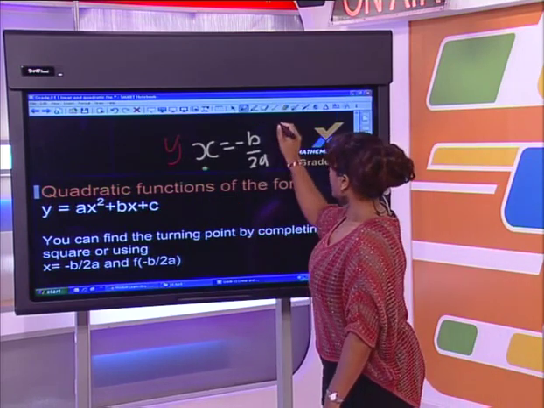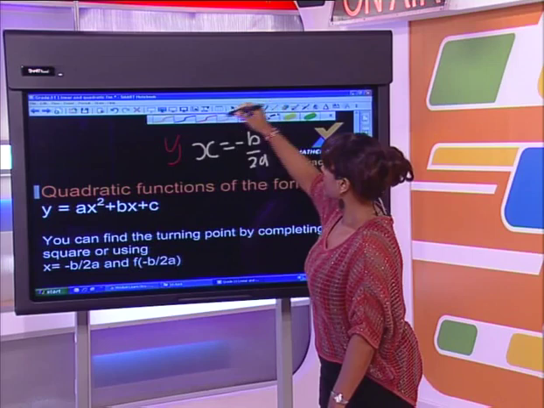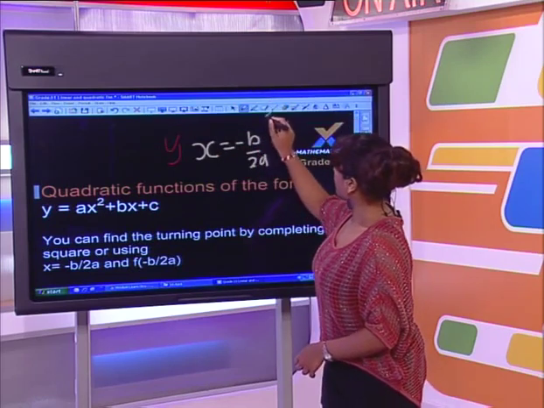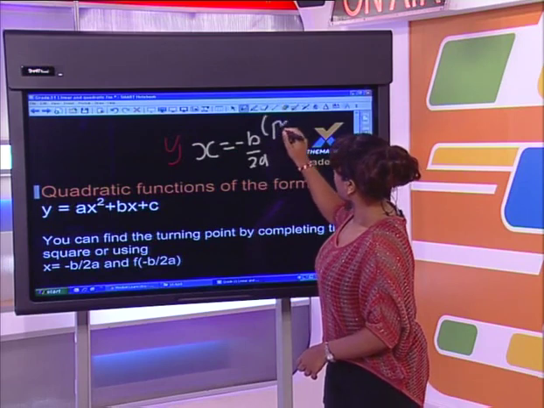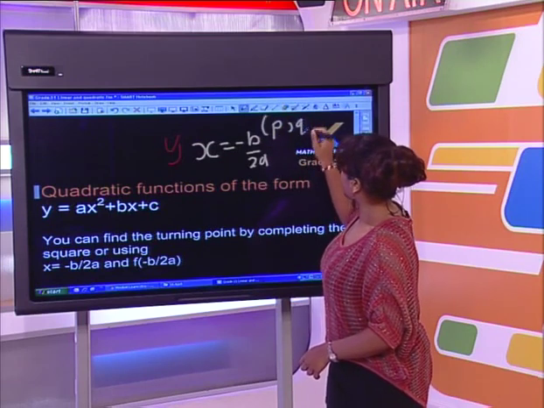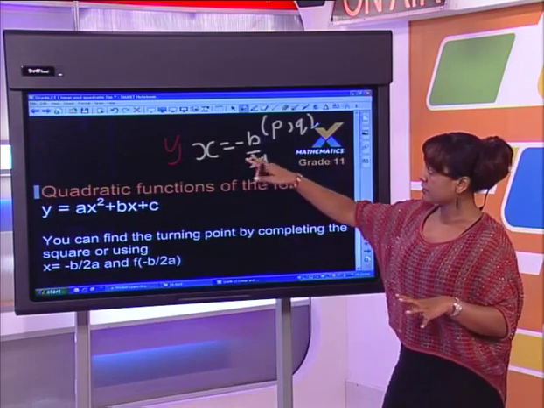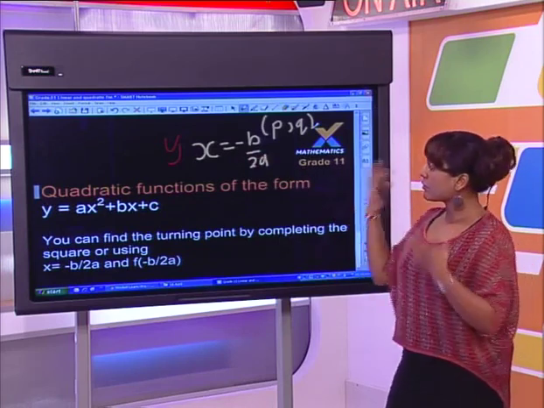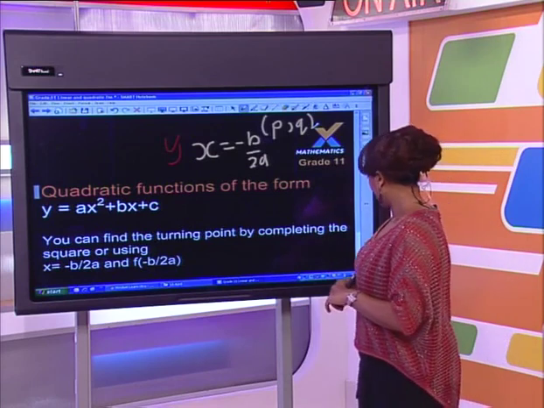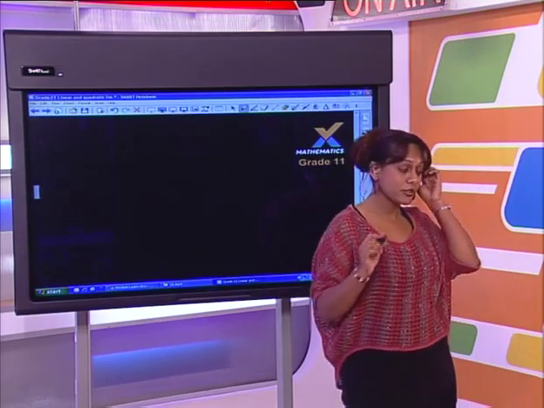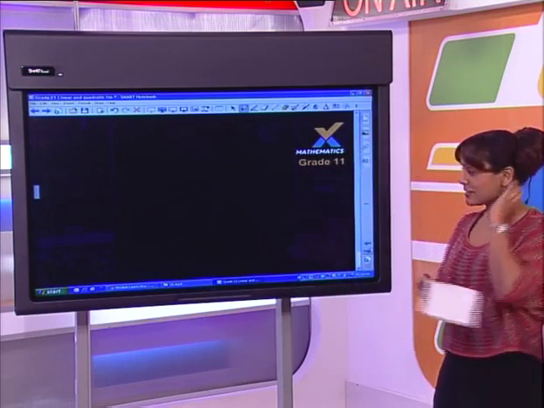But either way, you're going to end up with p and q being the values of your turning point. Okay, so you always end up with the same values of p and q, whether you're doing it by the axis of symmetry, getting it straight from x is equal to minus b over 2a, or if you are completing the square.